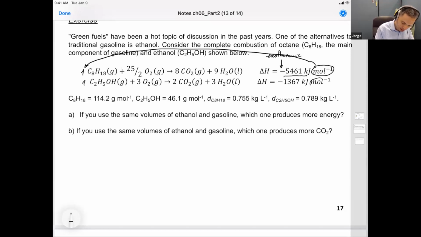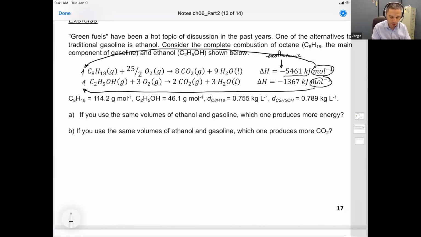And for the second one, the same idea, 1 mole of ethanol, when burned, will produce 1,367 kilojoules. So that's what we know from the reaction. Right off the bat, we can see that 1 mole of gasoline will produce around 5 times more energy than 1 mole of ethanol. However, we need to compare the same volume, or ideally the same mass. So let's see how we do that.